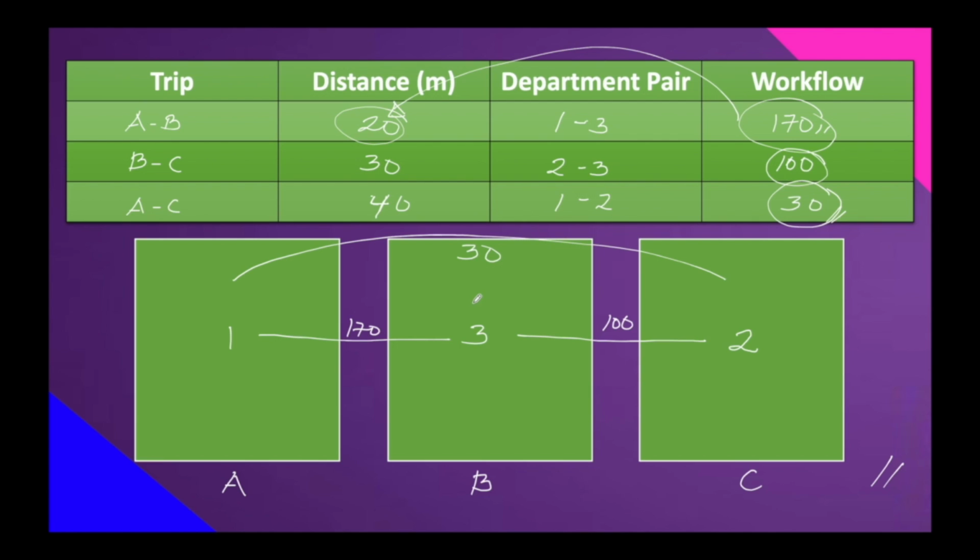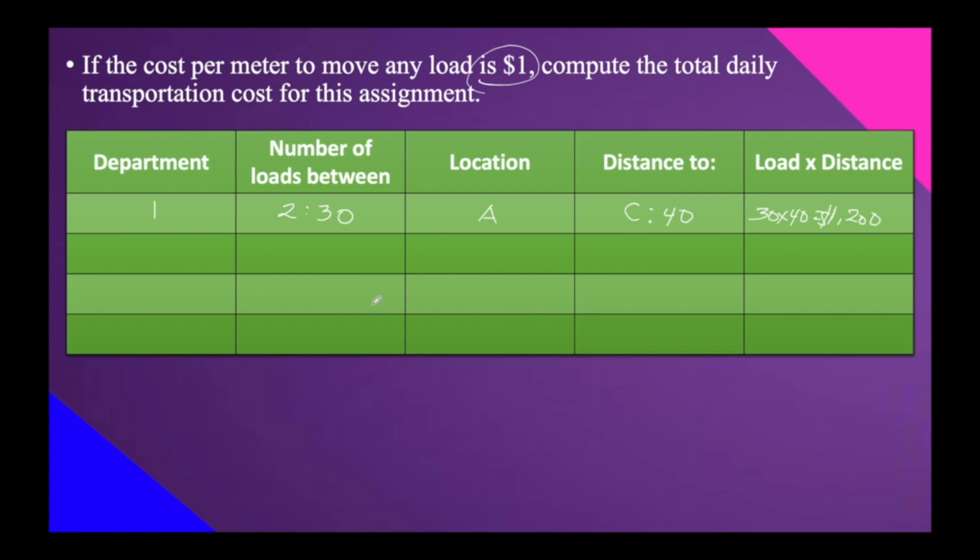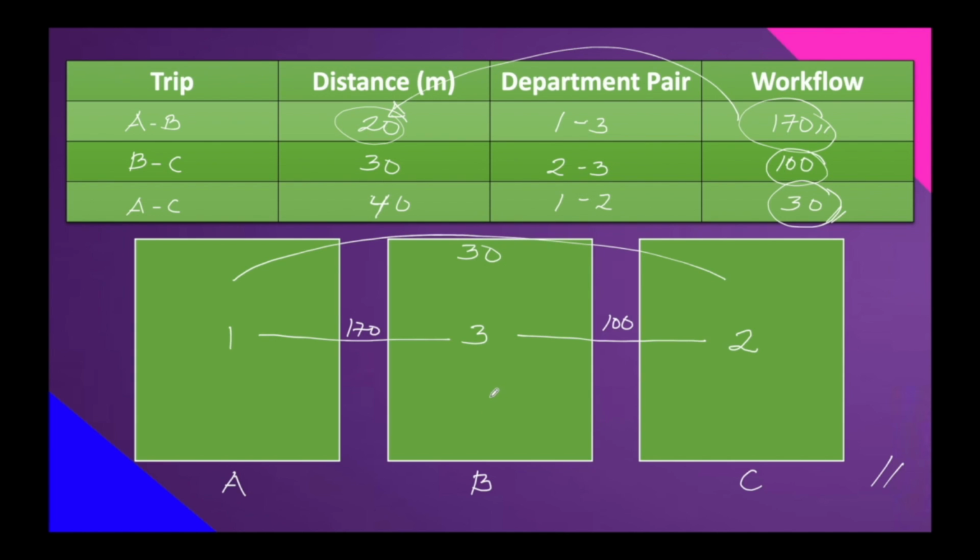Next is yung 1 to 3 naman. The interaction from Department 1 to 3. Workflow is 170. So, 1 to 3. Okay, 170. Still, this is location A. And that is on the location B. Okay, which is 20 yung distance.